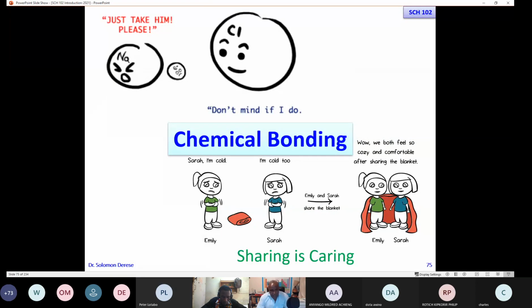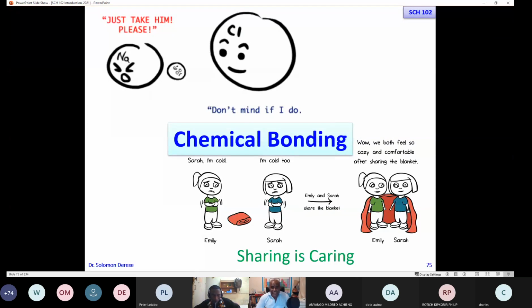The reason why the electrons are either shared or transferred is to come up with the electron configuration of the noble gases, a stable octet. Therefore, to achieve stability, when atoms form a chemical bond with one another, they will either transfer the electrons or share the electrons.